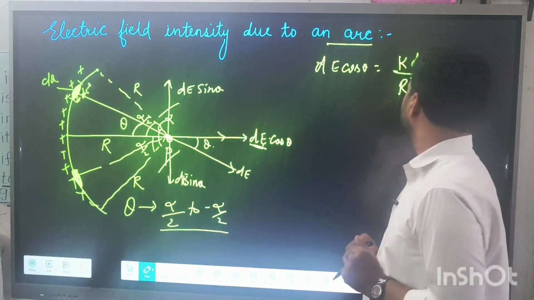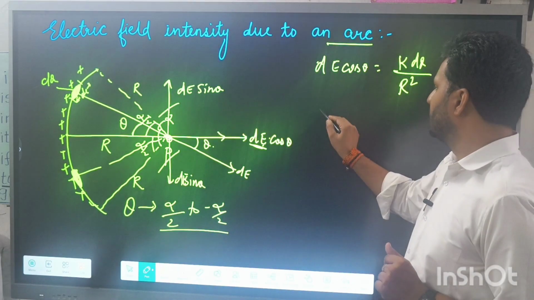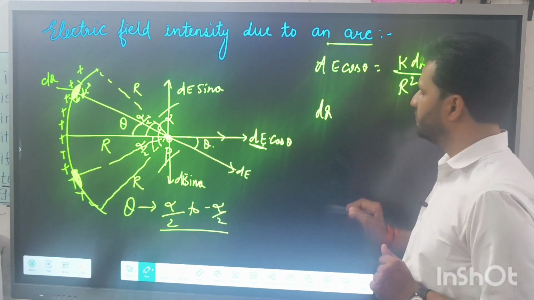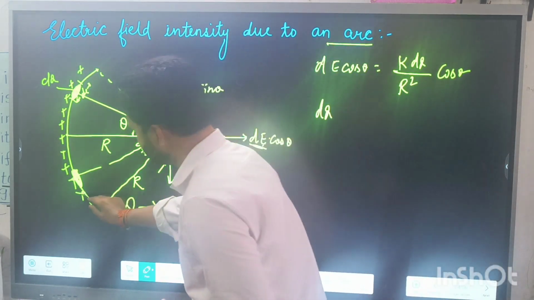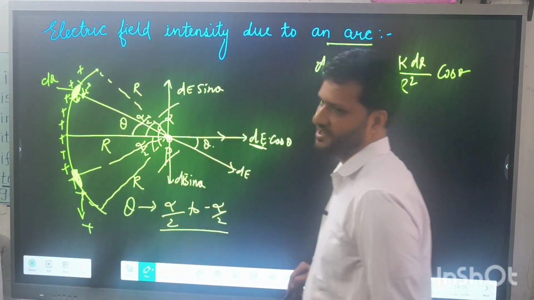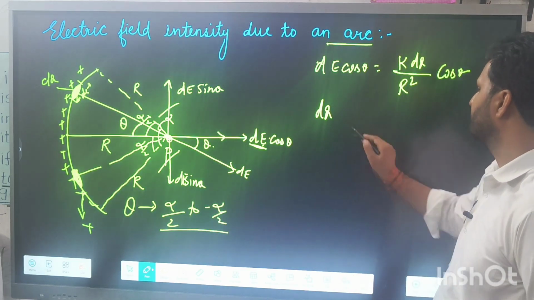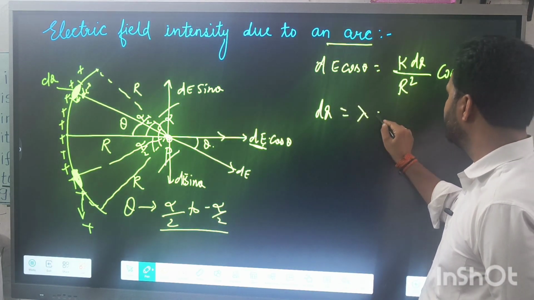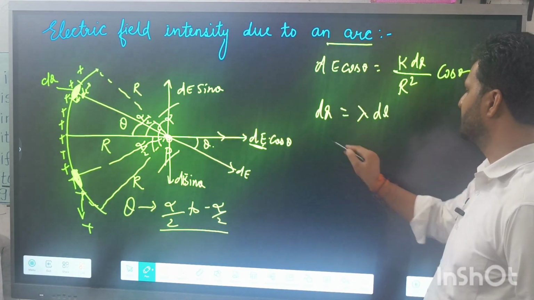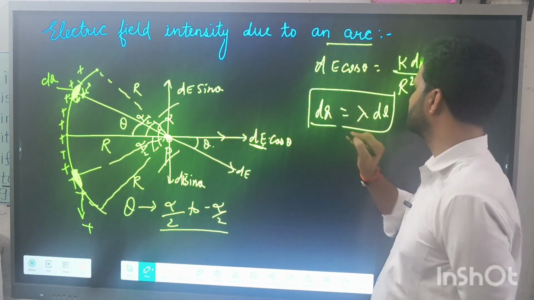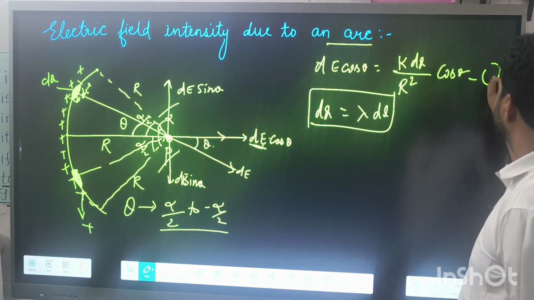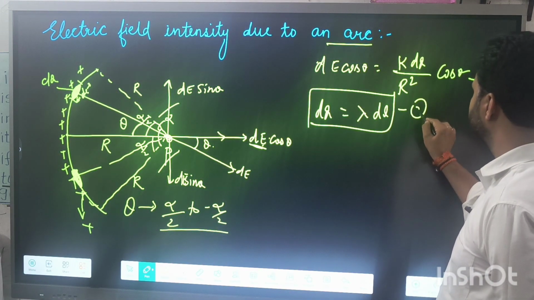Now, if this ring has charge density, let it be lambda, then lambda into dl will be the total value of this charge. Consider this as equation 1, and this as equation number 2.